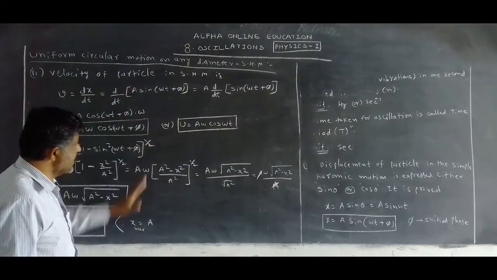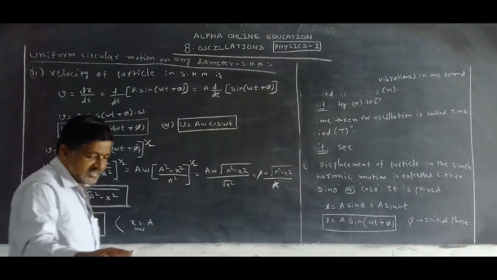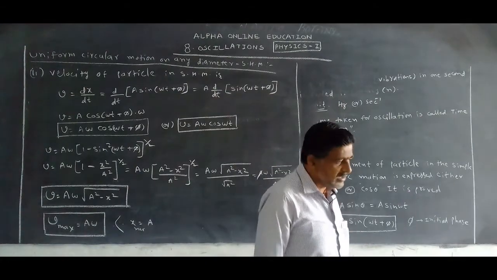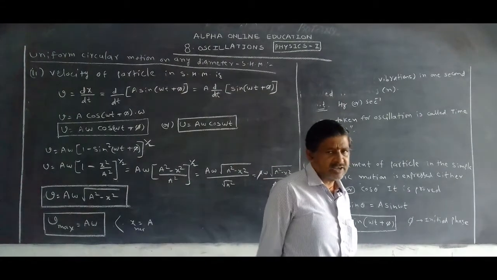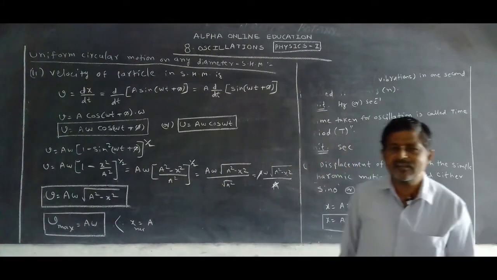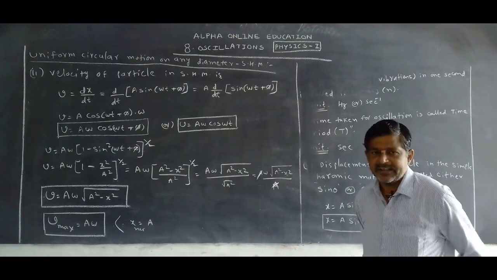Okay, is it clear? What is the velocity of the particle in SHM? A omega cos (omega t plus phi) or a omega cos omega t. Now, without the harmonic functions, what is the equation for the velocity of the particle in SHM?